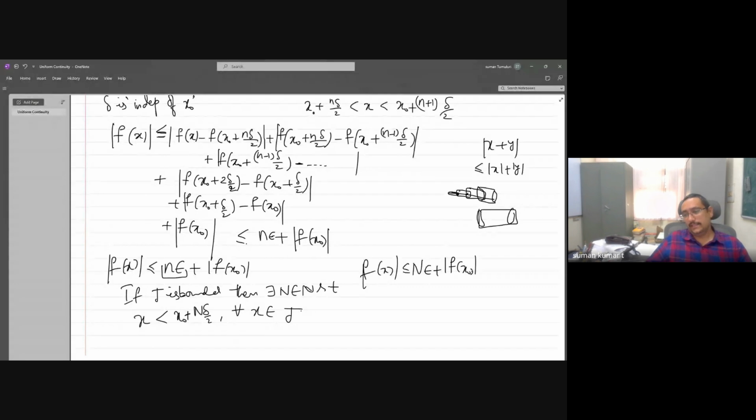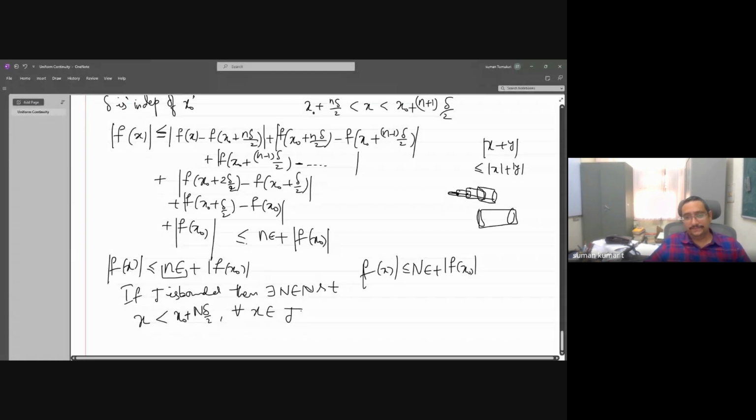That shows that f is a bounded function.